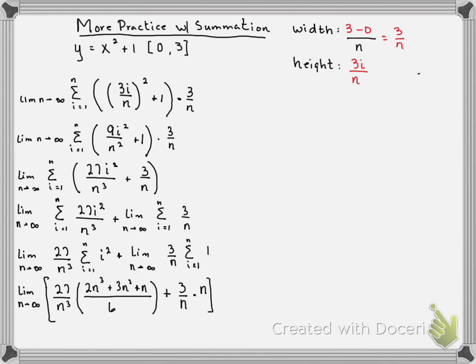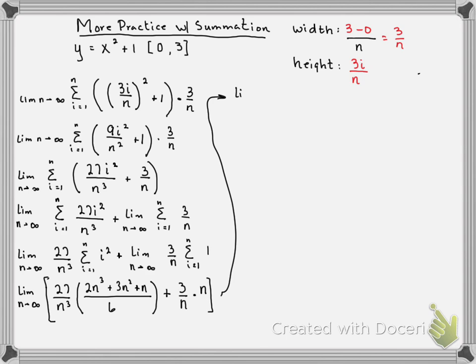Okay? Now, the next thing we're going to do is distribute the 27 over n cubed into each one of the terms in the set of parentheses. So 27 times 2n cubed over 6n cubed. So 27 times 2, and we're going to have to go back up here.